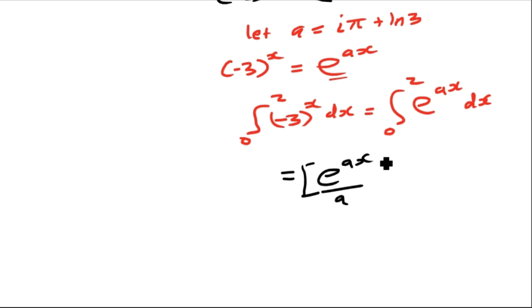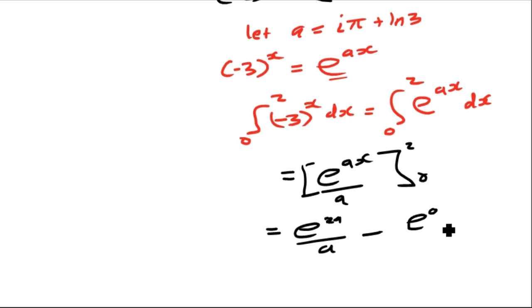Then you put the limits of integration from 0 to 2. So when you substitute, when x is 2, you'll get exponential 2a over a. You substitute the upper limit, then minus, when x is 0, you'll have exponential 0 over a, because 0 times a is 0. So what do we have there?